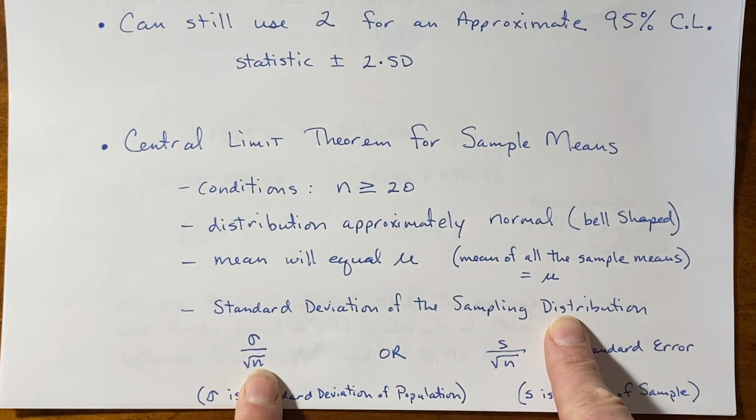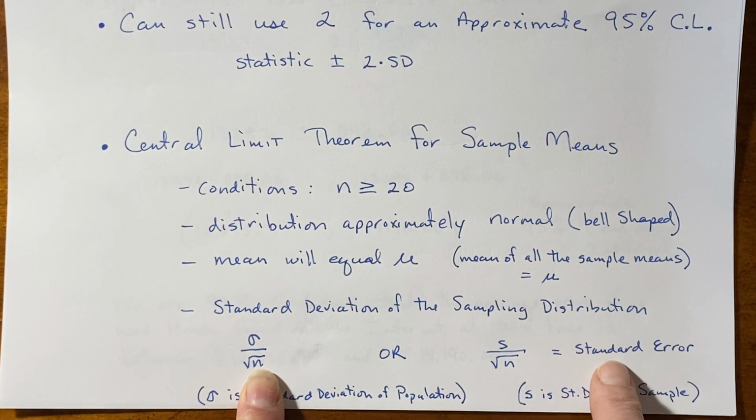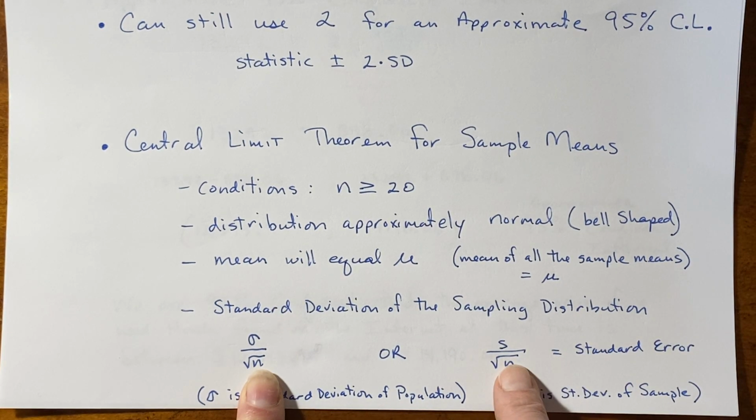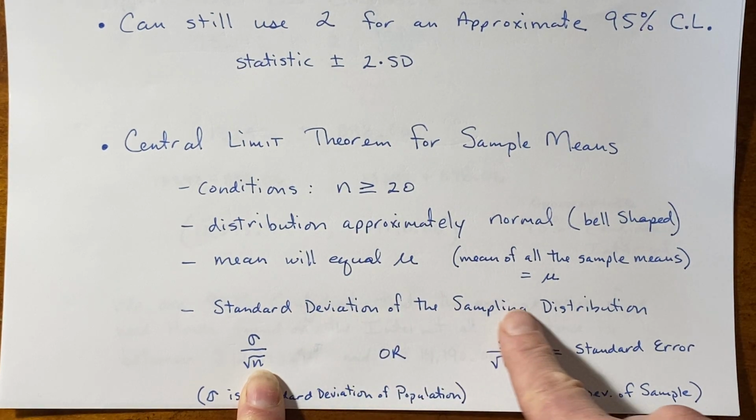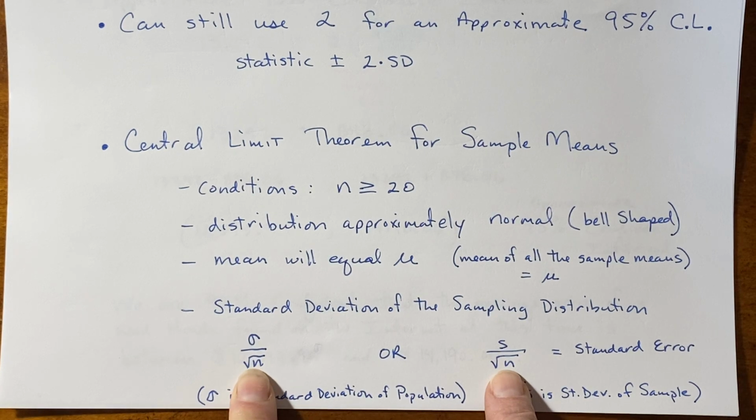Most often though, we do not know that value, so we substitute the standard deviation from the sample, and that's simply called the standard error. It's an approximate value for the standard deviation of the sampling distribution. We worked with these previously and they turned out to be very similar values.